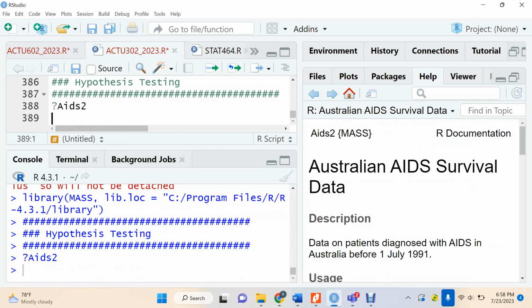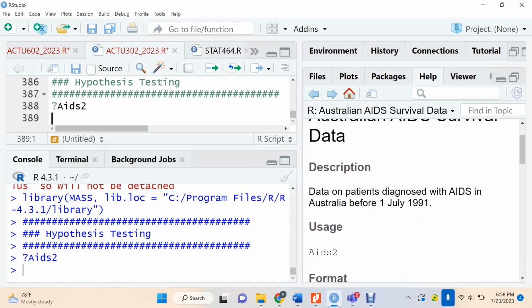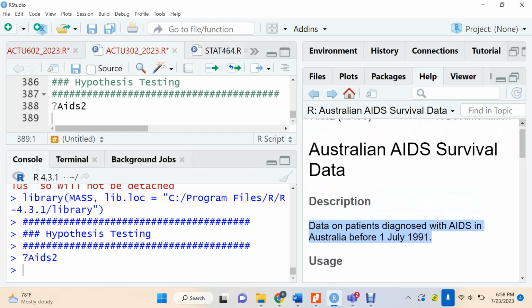If you even copy, that's fine. The data is on patients of what? So the health, if you are describing it, that's the description. So the data is the Australian AIDS survival data, and it contains data on patients diagnosed with AIDS.